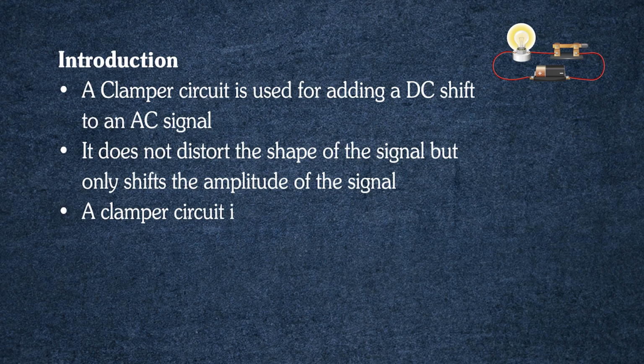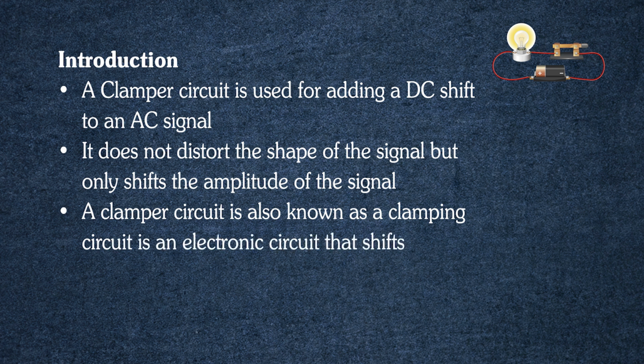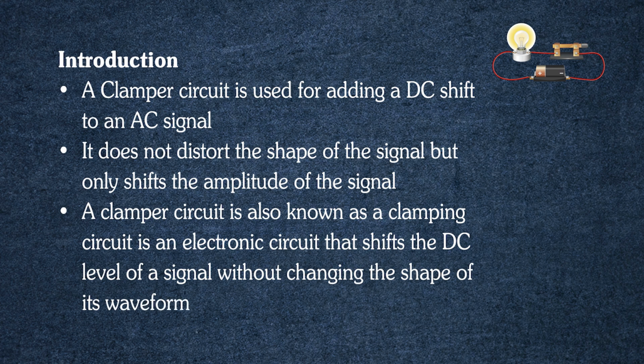So a clamper circuit is also known as a clamping circuit, which is an electronic circuit that shifts the DC level of a signal without changing the shape of its waveform. And as we all know, suppose we take an example of a half wave rectifier, which converts AC into DC, and at the output we are getting output for only one half, suppose for the positive half.